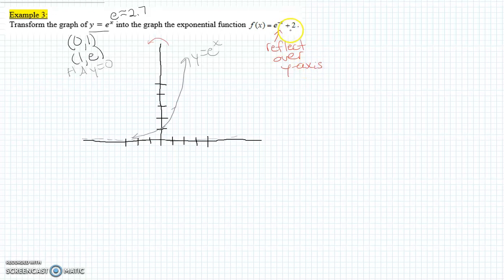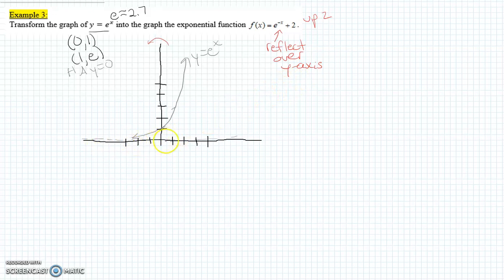And the plus 2 is not inside the exponent. It's outside of the exponent, so that's a vertical shift up 2 units. I want to focus on these 3 features, the 2 points, 0, 1, and 1, e, and then the horizontal asymptote. And I want to do these 2 transformations to each of those features.